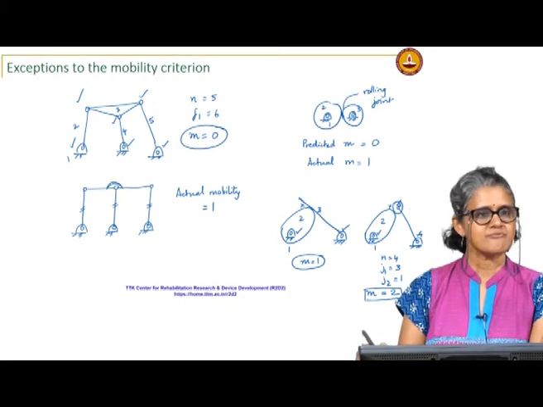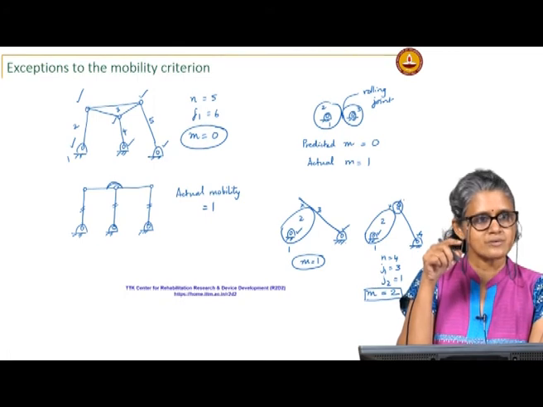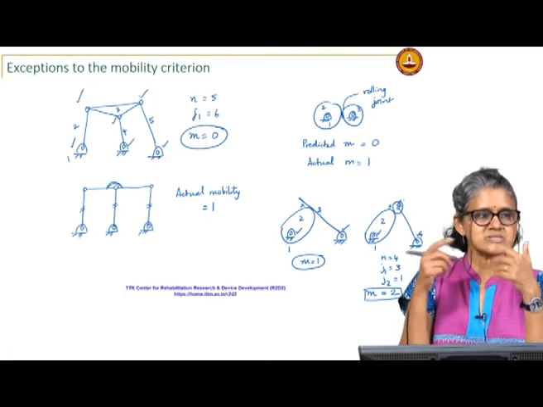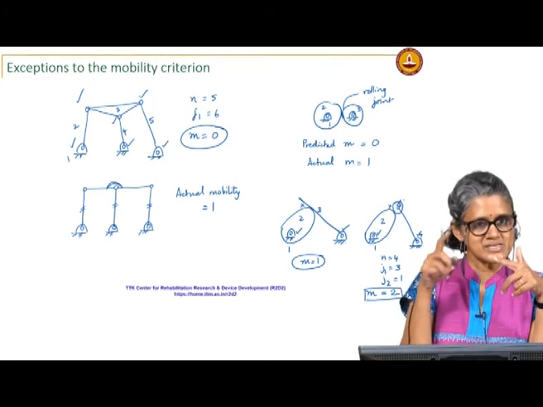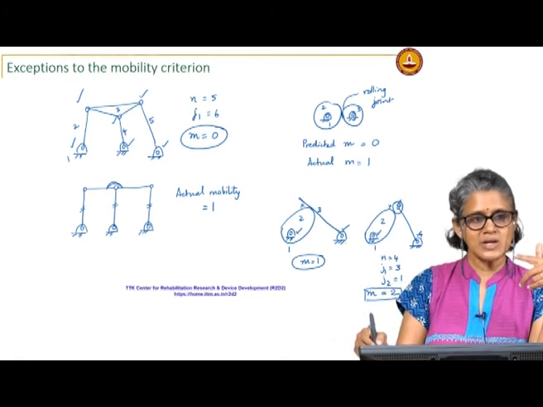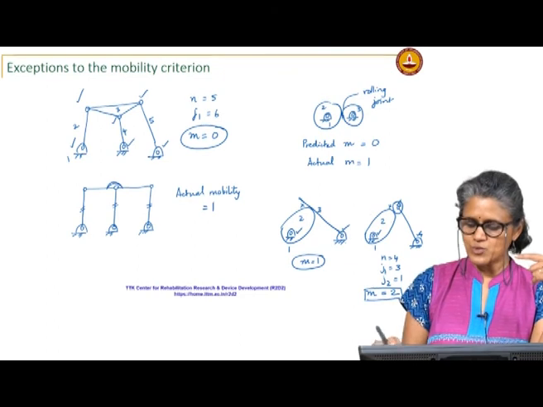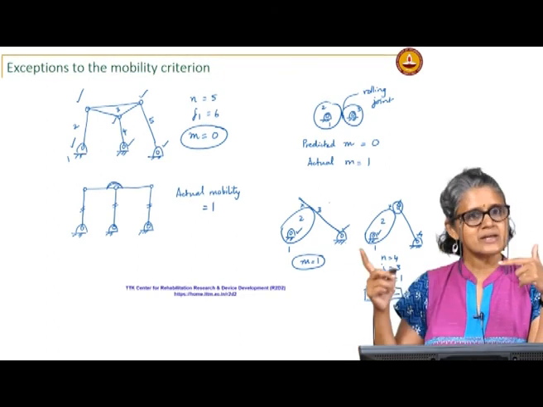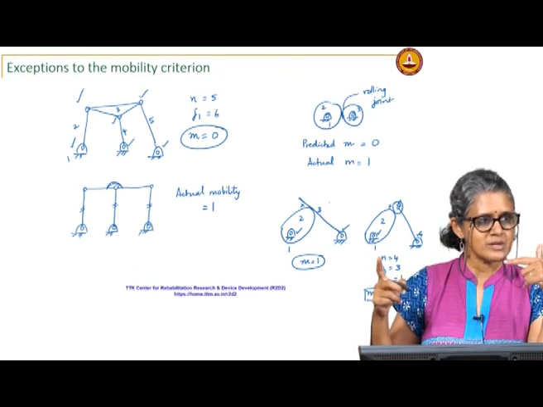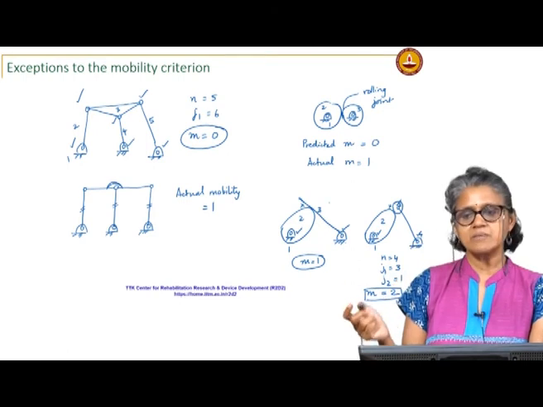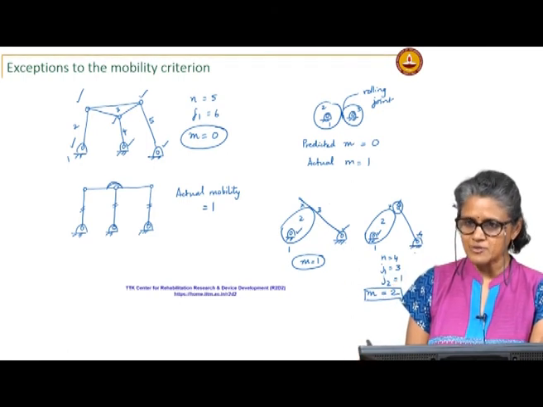I do not need to give an input to the roller, right, because it does not matter. So, the actual mobility of this mechanism is still 1. With one input to the cam, I get a predictable output of the follower. The additional degree of freedom does not really matter to me.